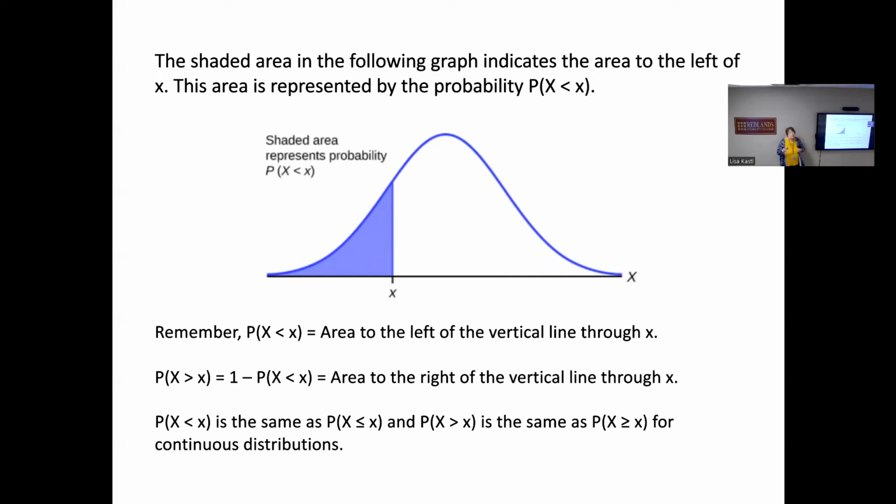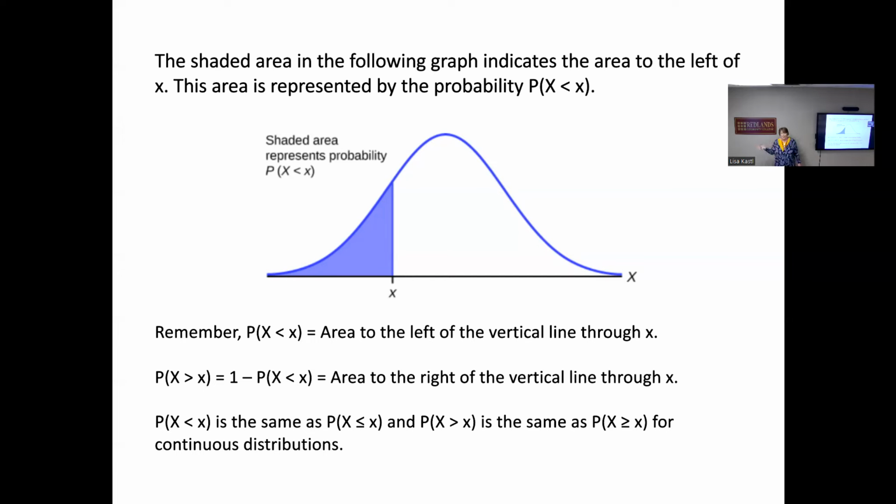Okay, so your calculator finds areas to the left. It'll find areas to the right, because your calculator just needs a lower limit and an upper limit. But as a reminder, the total area under the normal curve is 1.